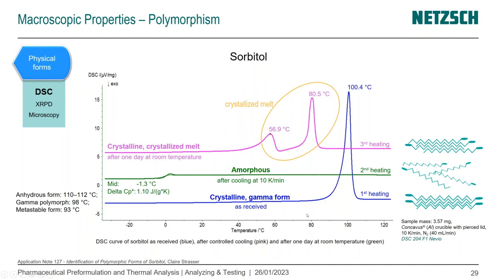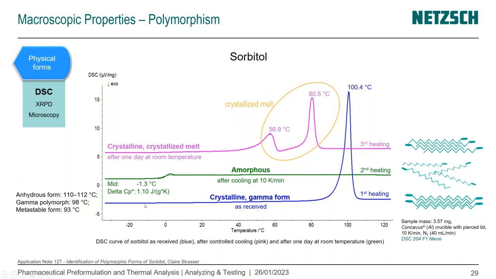On our first heating here, we don't have the extrapolated onset, but from the peak here, we can assume that we are talking about the gamma polymorph, whose melting point is at 98 degrees C.